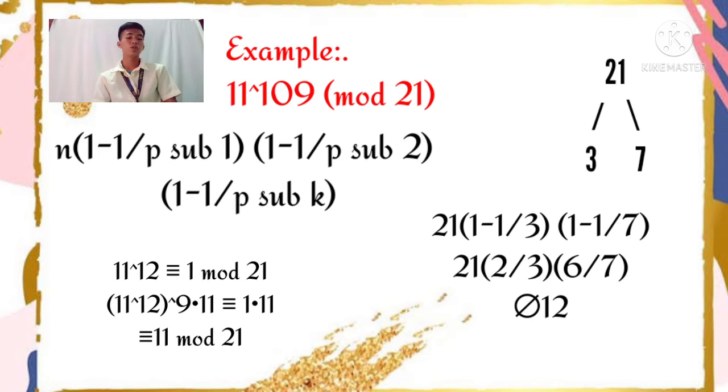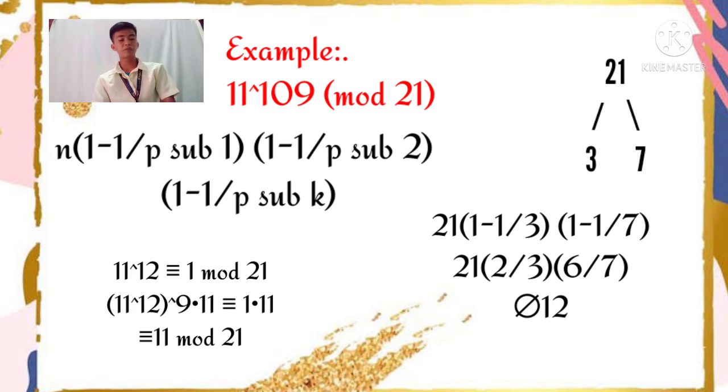After that, we need to divide 101 by 12, which is 8 with a remainder of 5. So, the quantity of 11 raised to the 12 power, raised to the 8, times 11 raised to the 5 is congruent to 1 multiplied by 11 raised to the 5.